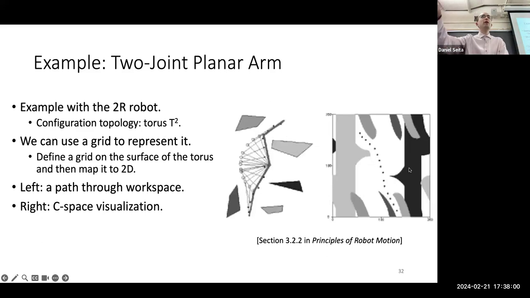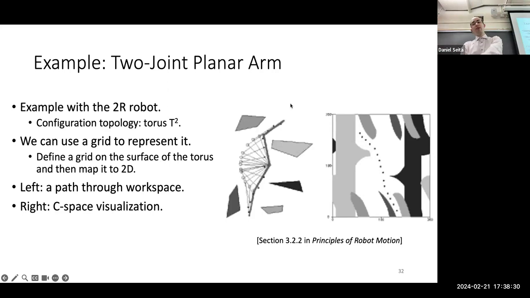When you're mapping from a torus to a grid, you get these patterns with vertical lines, but that's because of the discontinuity. If you see the videos of how you map from the torus to the grid, that's how you get to this pattern. And these dots are the points of the robot as it moves through this path.